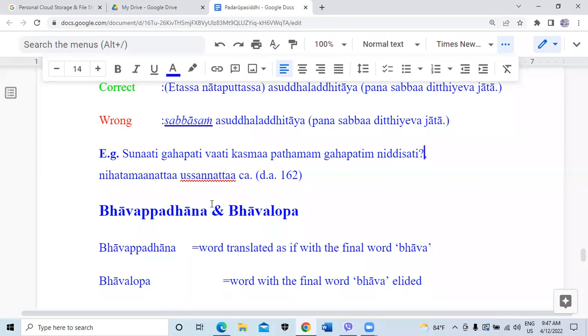Nihita mana is the pride which is oppressed or lowered. So that means nihita mana does not refer to the Buddha but to the householder. Because the householder has lowered mana, lowered or oppressed pride, that means he is less proud or less arrogant.